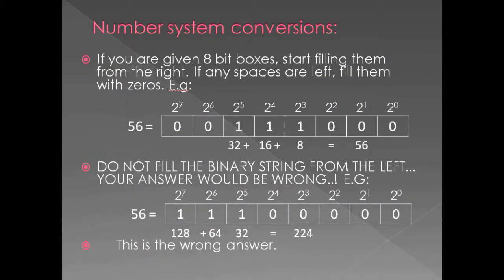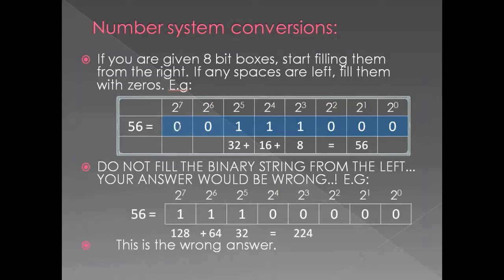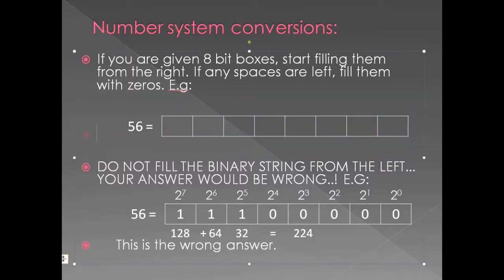Now the next thing is, in the paper you're often given grids such as this one, and you are given a number and then asked to fill in the values. This is usually not given, this is also not given, and you're simply given this. You are given some working space and told to convert this 56 into binary.